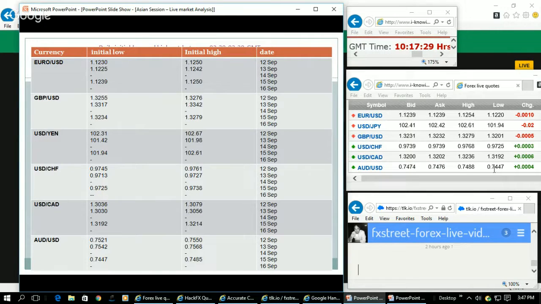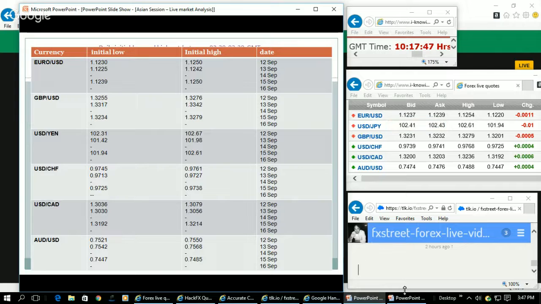Aussie, the initial low was 0.7447 that has not been breached, and the high was 0.7485. They went above the high and then came down and are holding around 74.74, and they are likely to go up further.